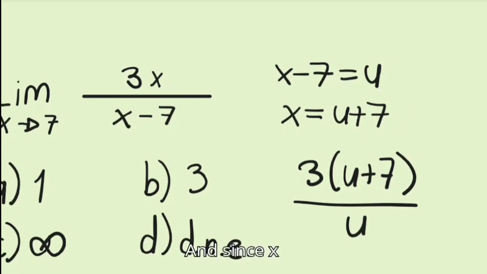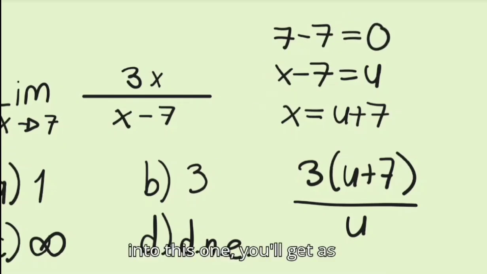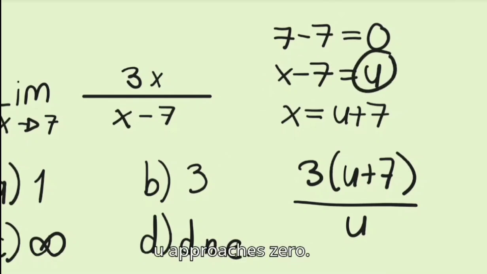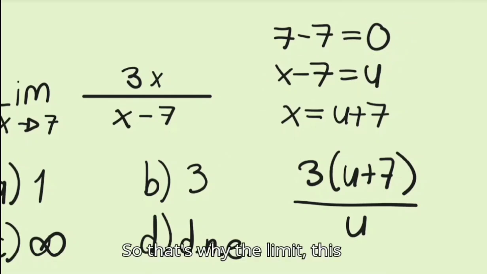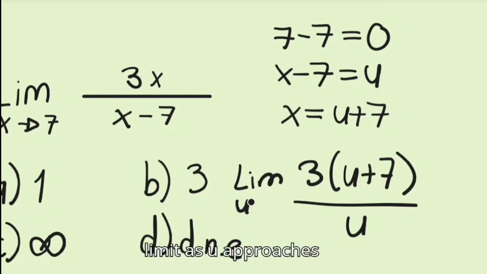And since x approaches 7, we will plug it into this one, and you'll get u approaches 0. So that's why the limit is the limit as u approaches 0.